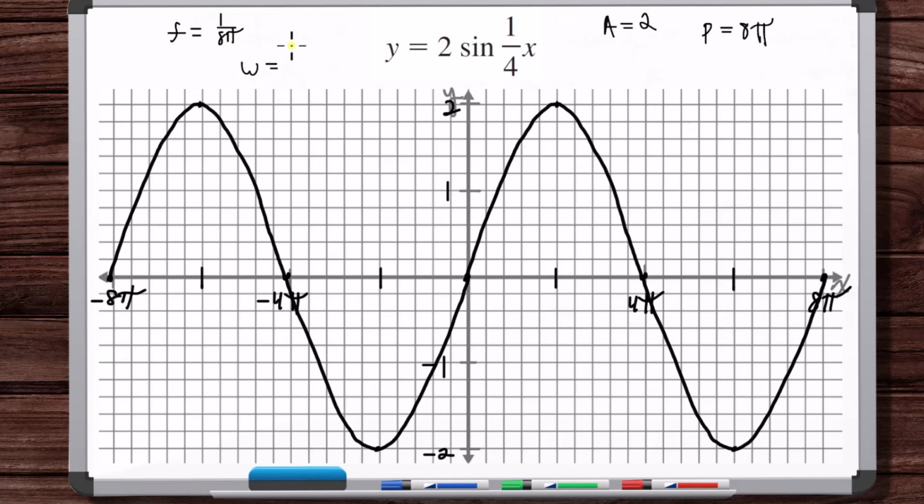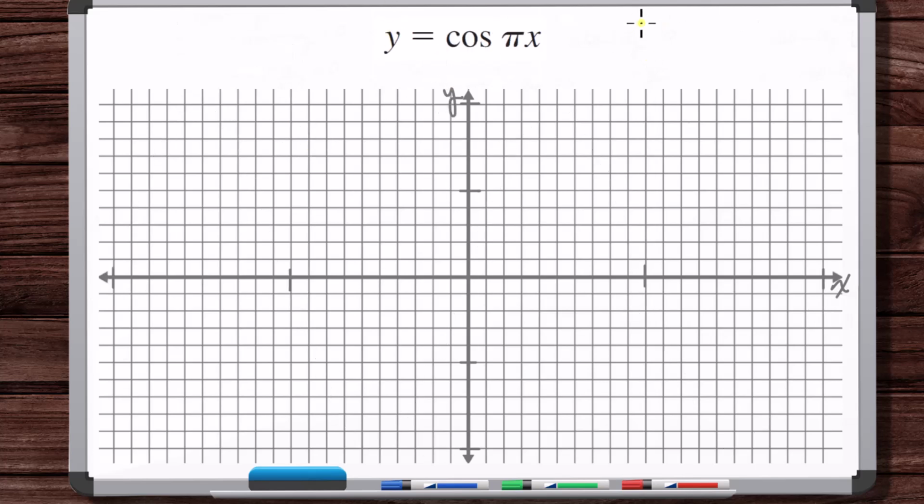Okay, the frequency is 1 over 8 pi, and the angular frequency is 2 pi over 8 pi, which is 1/4. Okay, cosine of pi x: the amplitude hasn't changed, and the period has been scaled down by a factor of pi. So the period is now 2.